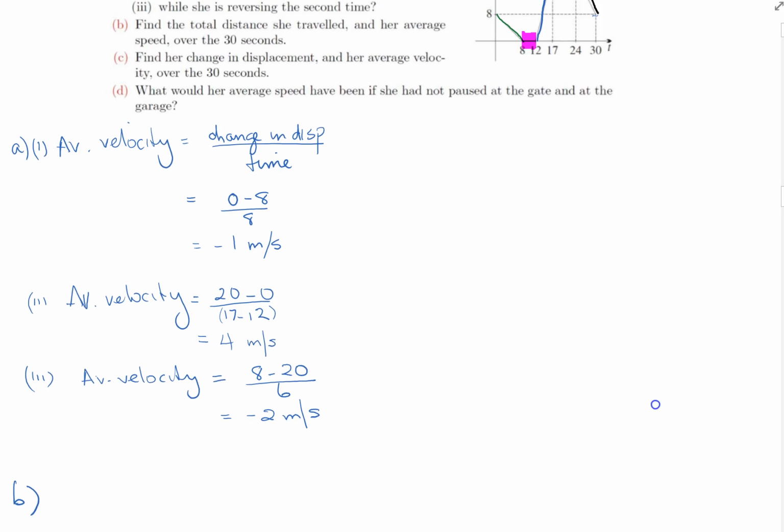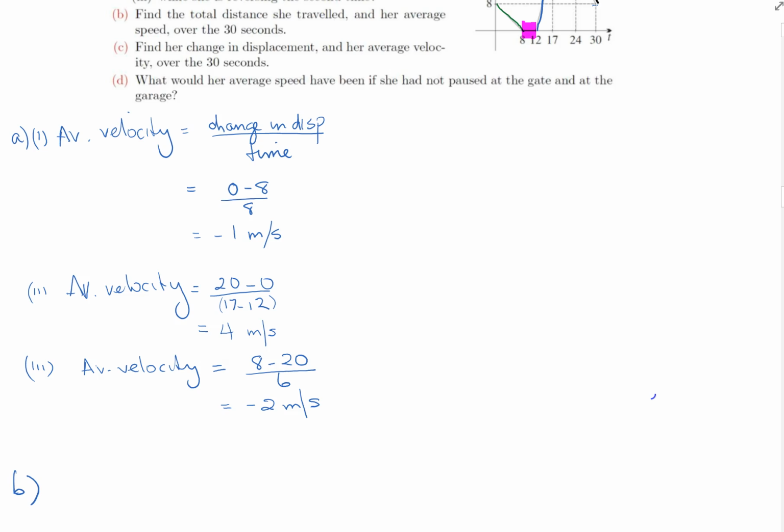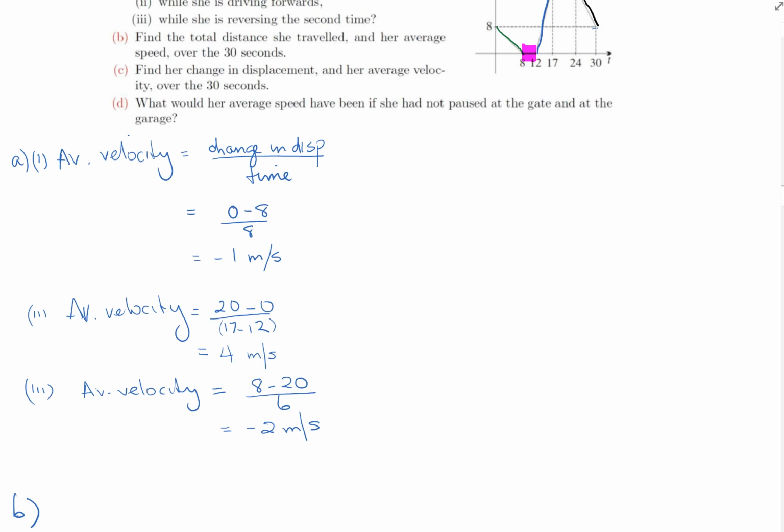Part B says find the total distance she travelled and her average speed over the 30 seconds. So the total distance. Now, again, we don't have a formula for total distance. We just take it from the information that's given. So in her first reverse, she travelled 8 metres.